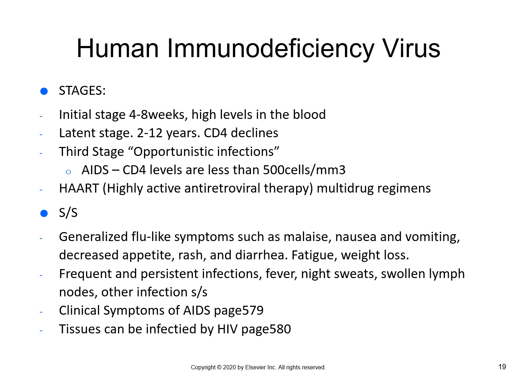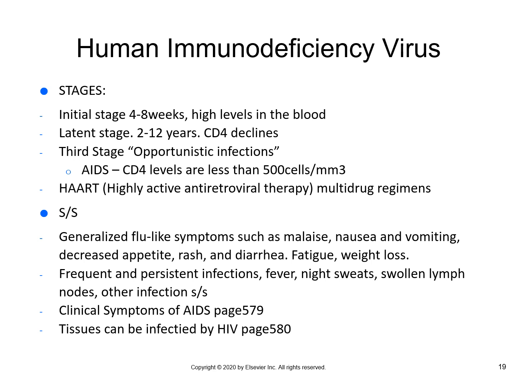Viral load will start to go high. The latent stage is 2 to 12 years. This is when the CD4 actually starts to decline. Your third stage is when there are going to be some opportunistic infections, and we'll go over that in a little bit.